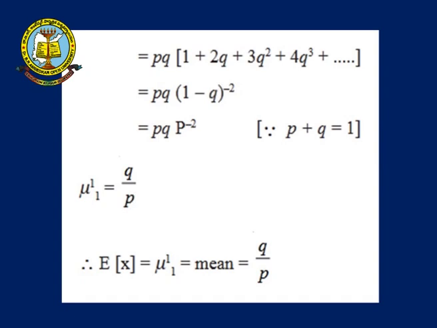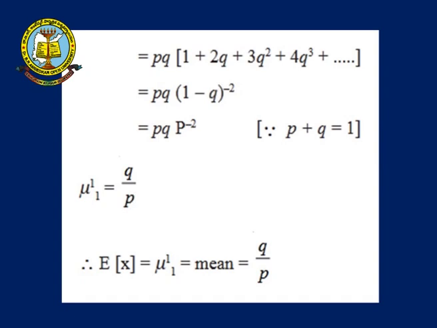So pq into 1 minus q whole power minus 2, and I already wrote that p plus q is equal to 1, so p is equal to 1 minus q, giving p power minus 2. So p power minus 2 in the denominator part, pq by p square, so mu1 dash is equal to q by p.